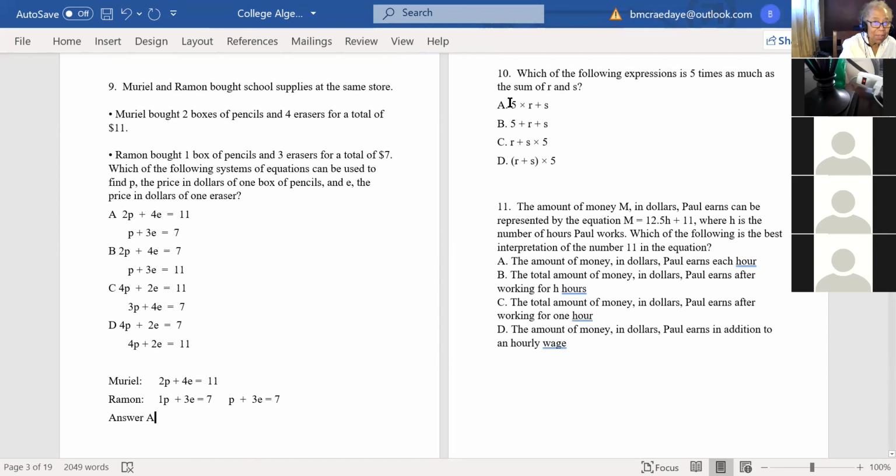You would do the multiplication, right? So you do the 5 times the R and then you'd add the S, but that's not what this says. It says 5 times as much as the sum of R and S.